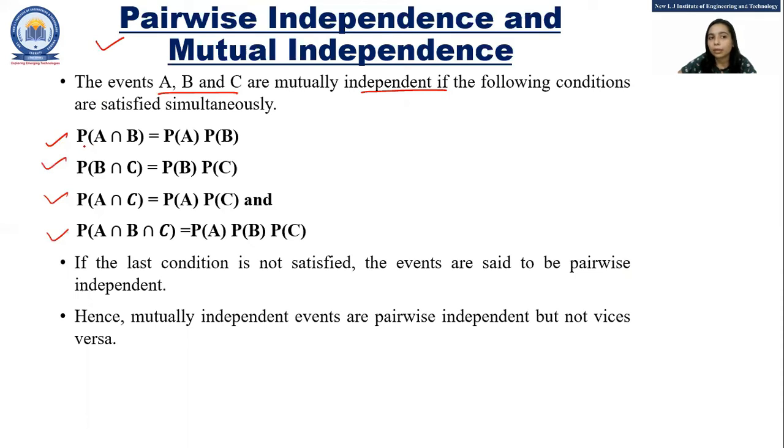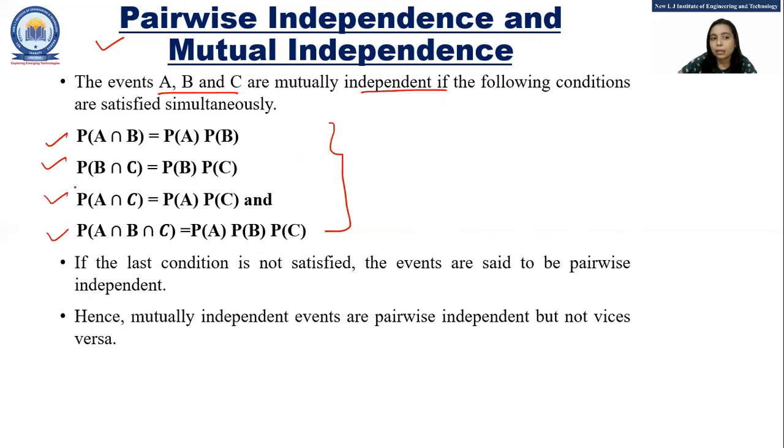P of A intersect B is equal to P of A into P of B, P of B intersect C is equal to P of B into P of C, P of A intersect C is equal to P of A into P of C, and P of A intersect B intersect C is equal to P of A into P of B into P of C. So if these four conditions are satisfied, we can say that A, B and C are mutually independent.